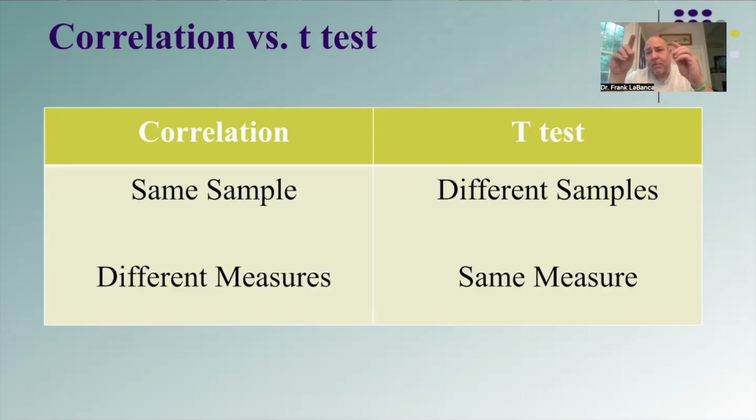So they're different samples, but we're going to measure them on the same thing. In my math example, maybe we're doing a math achievement test of some sort, like the ESPA math achievement at the end of the grade level. So different samples, same measure. So keep that in mind because people often confuse the correlation and the t-test with one another, and there are a couple of other little clues we'll talk about too.